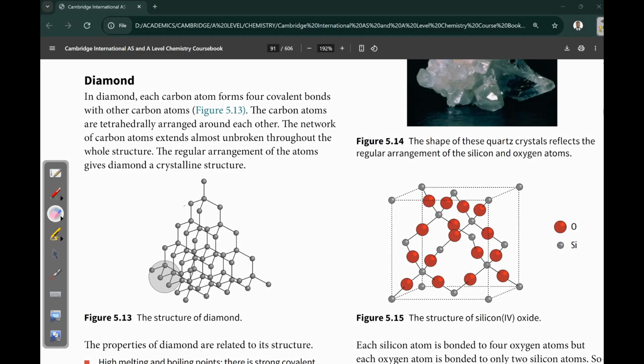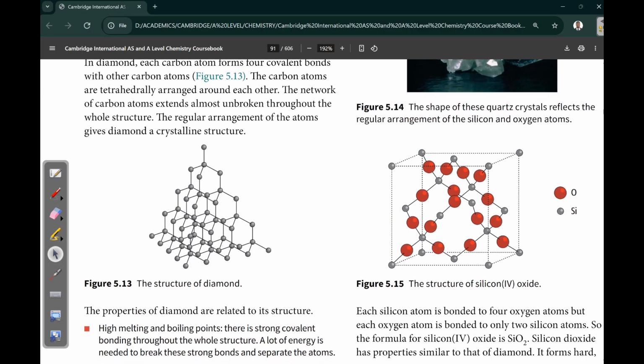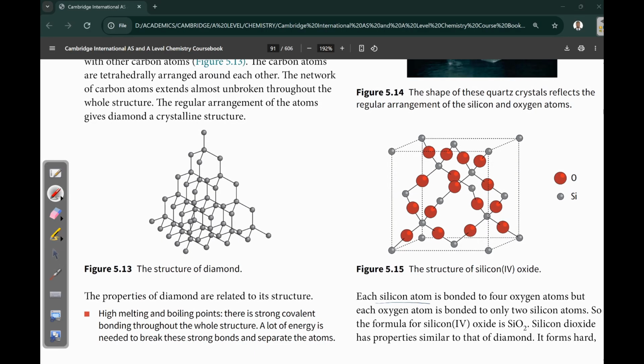A carbon atom is surrounded by 4, so it forms that tetrahedral structure with strong covalent bonds. And then for this one, each silicon atom is bonded to 4 oxygen atoms, but each oxygen atom is bonded to only 2 silicon atoms. So the formula for silicon 4 oxide is SiO2.